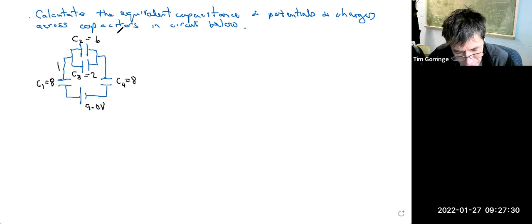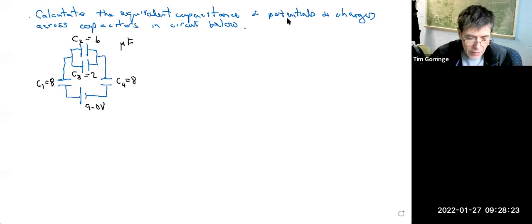These values are in units of microfarads. So we've got C1 on the left, 8 microfarads. C4 on the right is 8 microfarads. Then downstairs and upstairs here, we've got a 2 and a 6 microfarad capacitor.